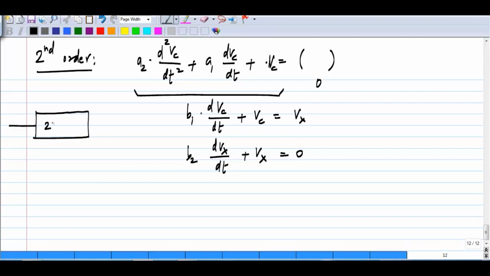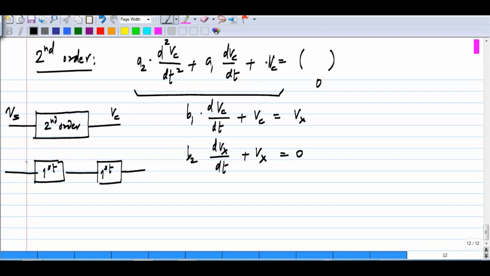So let's say we had a second order system with some Vs as the input and Vc as the output. We can think of it as two first order systems, one after another, with Vs as the input and Vc as the output, and this intermediate output is called Vx. And for the natural response we set Vs to be 0. It turns out this kind of picture makes it convenient to figure out the nature of the solution in this case as well.